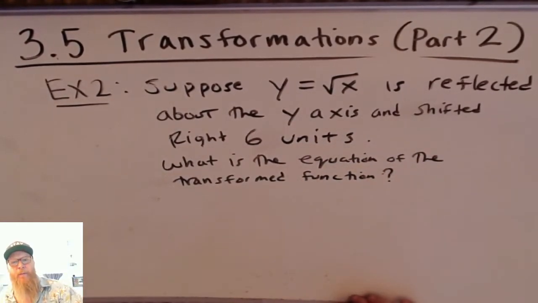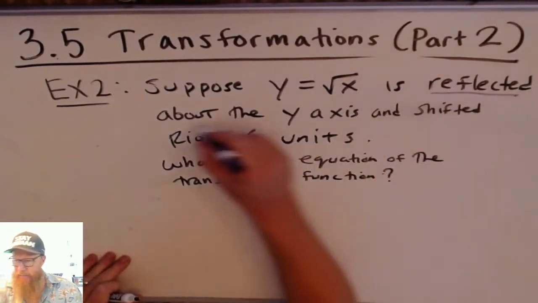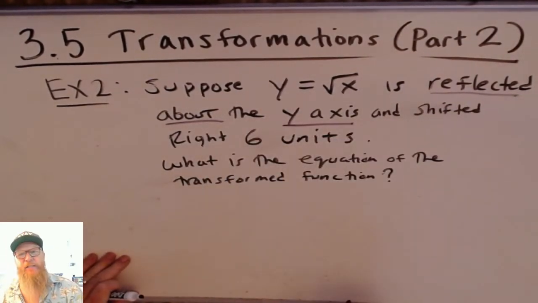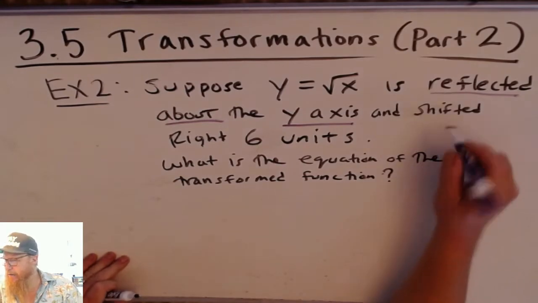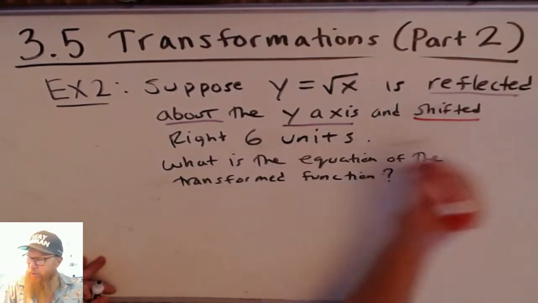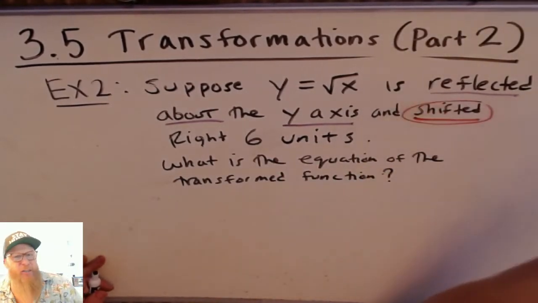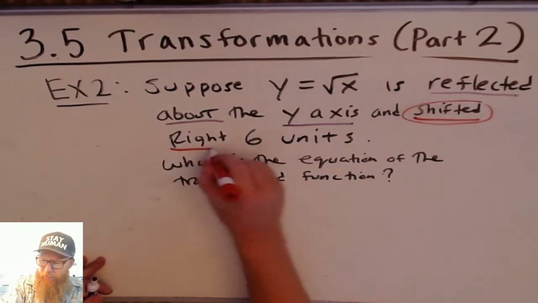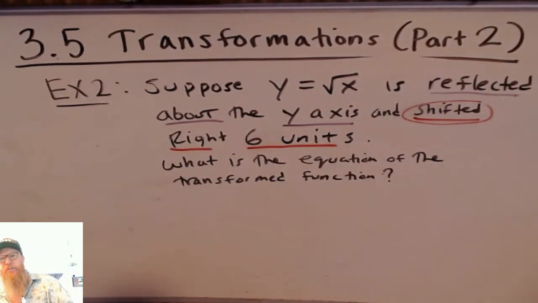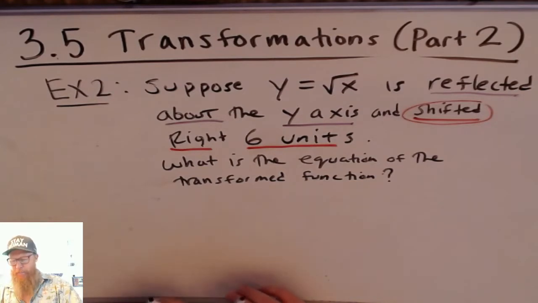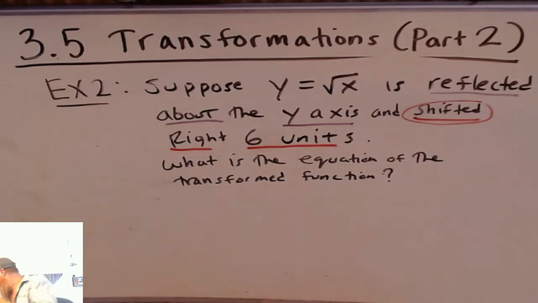Okay. So this one only has 2 transformations. We have reflected about the y-axis, and then we have shifted, or shifted means the same thing as translated, right 6 units. So we have 2 different transformations.